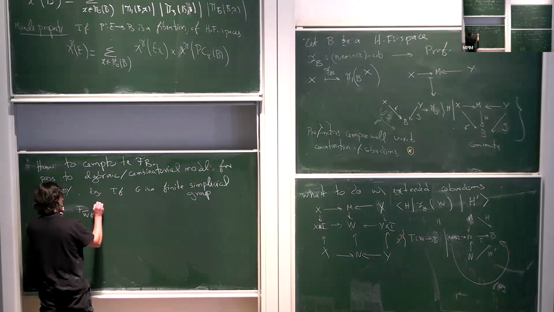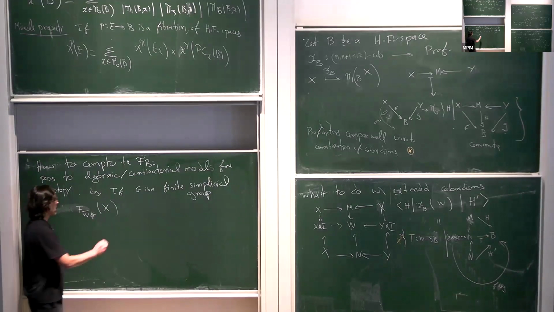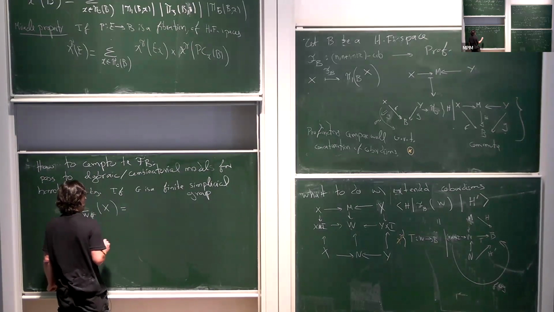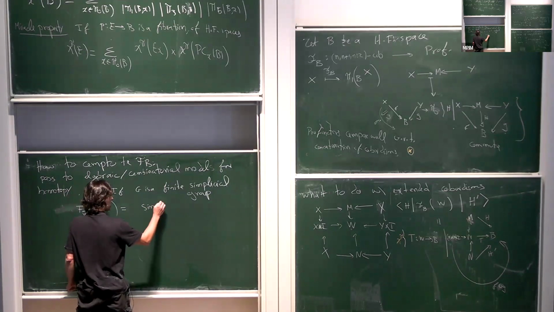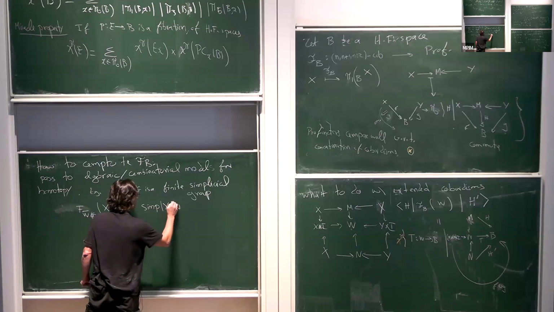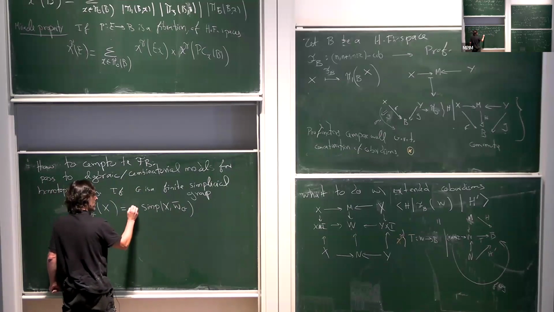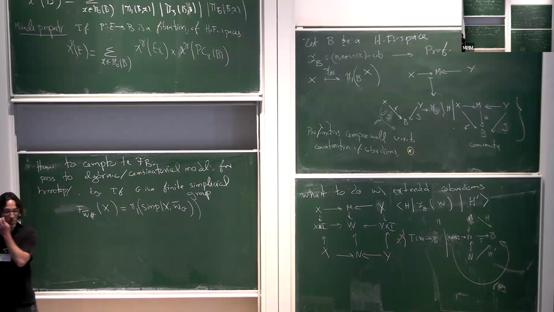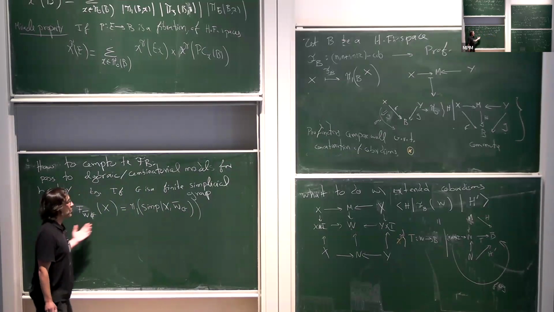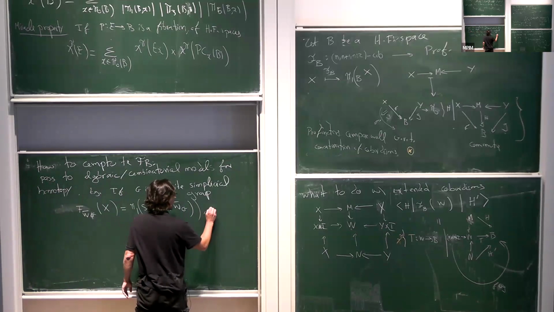And you immediately conclude that F of W bar of G could be computed by doing the simplicial set of maps from X into W bar of G, and then simply computing the homotopy, the fundamental groupoid. This can in theory be done in finite time, but it is still messy.